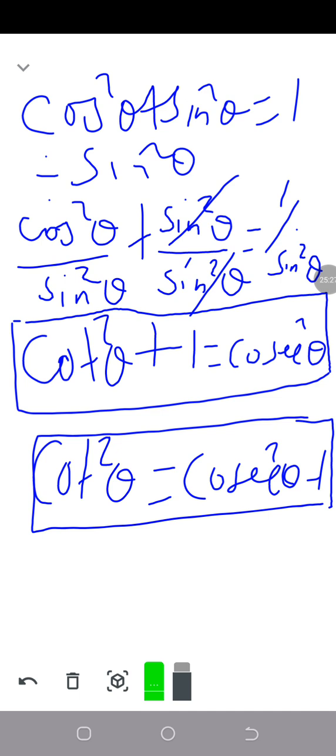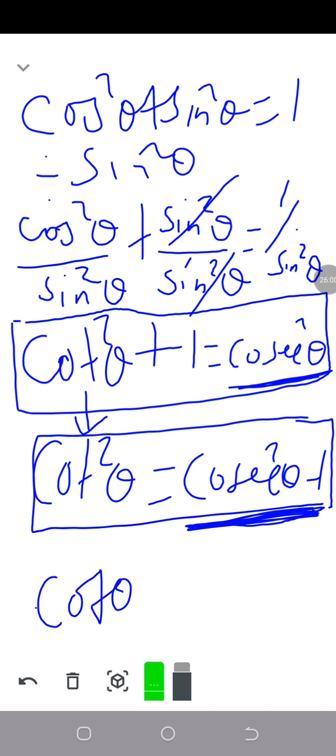So we have got cot squared plus 1 equals cosec squared theta, but still we can make cot squared the subject, and we have cosec squared theta minus 1. So those formulas and those identities are very, very important. But still someone might need cot theta alone.